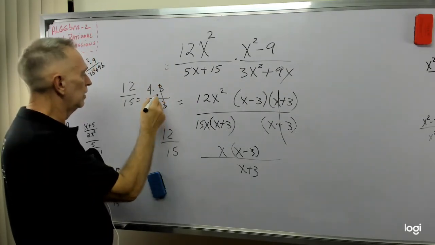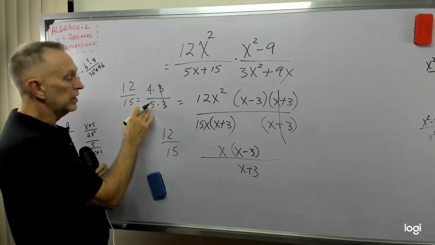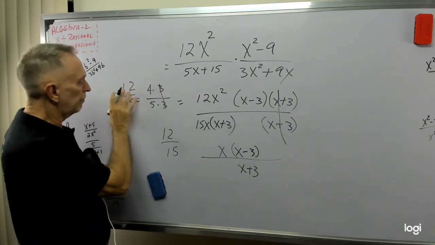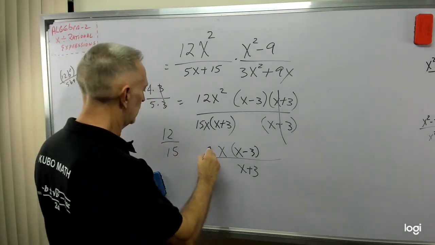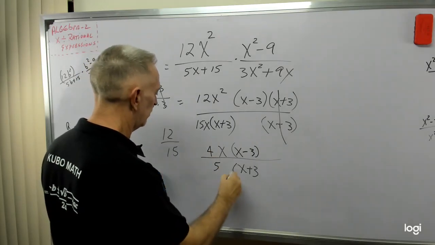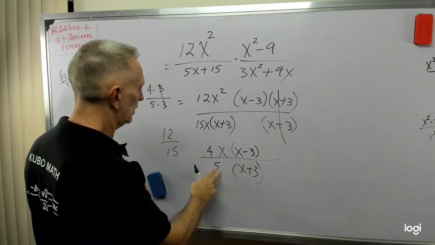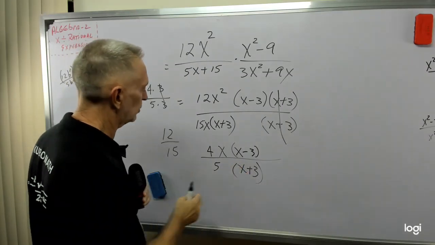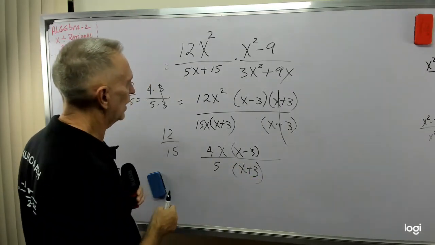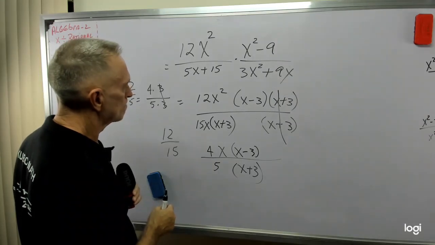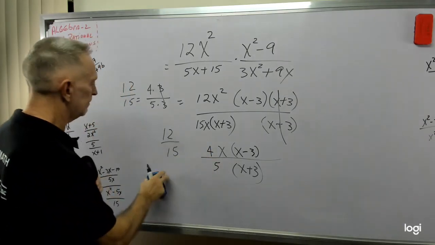Well, that's 1. So I end up with 4 over 5 as the reduction of that fraction. So 4x times x minus 3 over 5 times the quantity x plus 3. Okay?